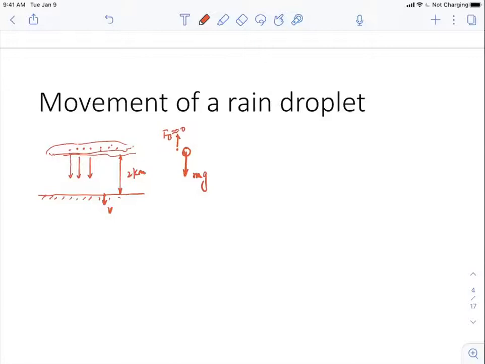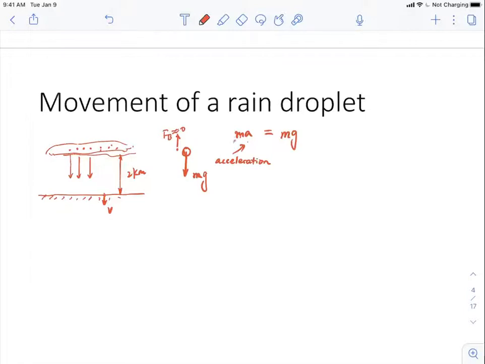Okay, so if we assume that there's no drag force, then the raindrop is just going to fall freely. And we can set up the movement of the particle based on Newton's second law. So that is ma, where a is the acceleration. It's going to be equal to mg, which is all the force that's acting onto the particle.